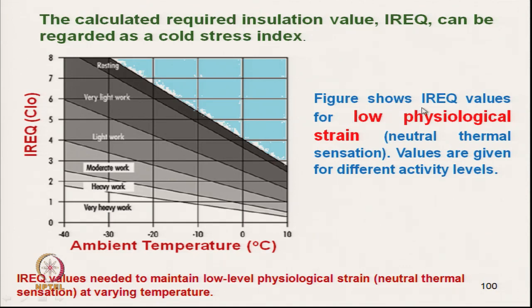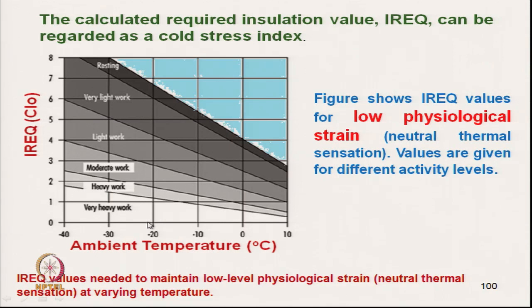The figure shows the IREQ value for low physiological strain. Low physiological strain means he is in a relatively comfortable position. So, this is the IREQ value needed to maintain a low level of physiological strain and neutral thermal sensation at varying temperatures. At different temperatures he needs different levels of clothing insulation.